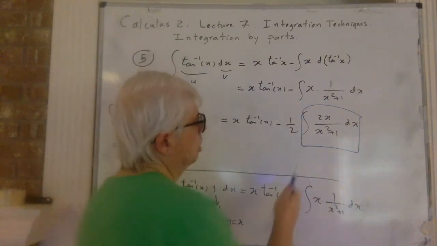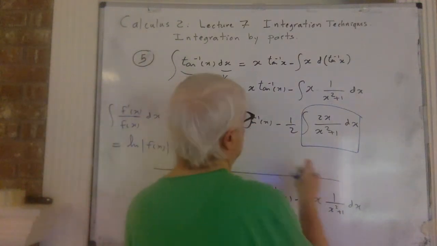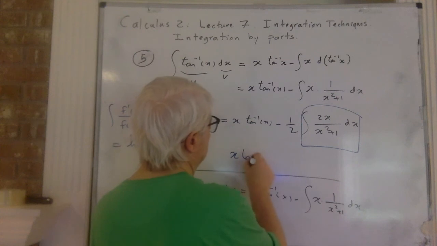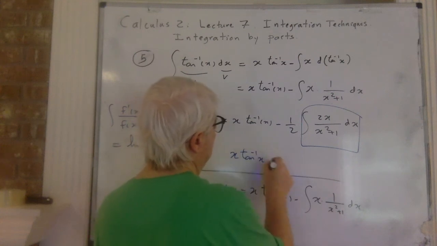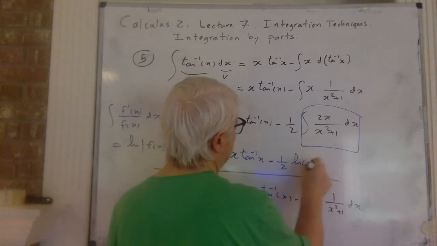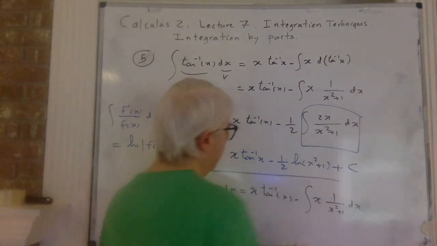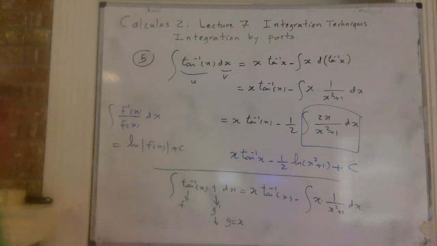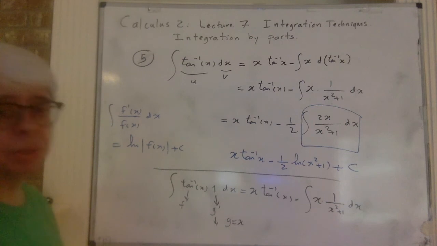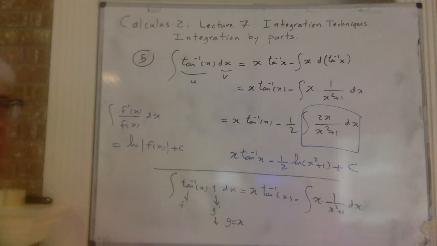This is the same thing, f prime. So I have x tan inverse of x minus 1/2 ln of x squared plus 1 plus the constant. So, yeah, you might say, gee, the derivative of such a nice and tiny function is this. Yeah, sometimes the antiderivative of a tiny function is like 3 lines. The antiderivative of tan inverse has a tan inverse and also an ln.